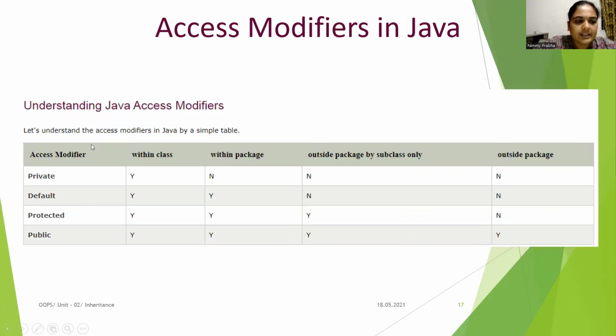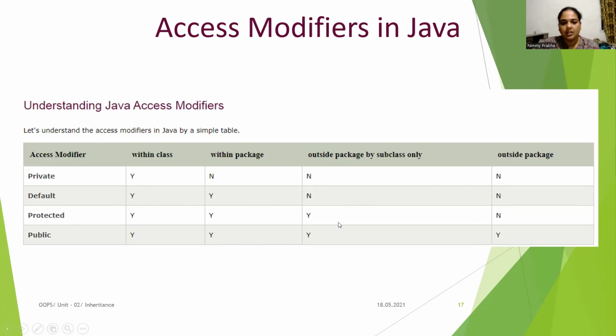With this table, we will know where we can use each one. If you are creating a private access modifier, we can access it within the class. Within the package, no. Outside the package, no. Default means within the class we can use it, within the package we can use it, outside the package we cannot use it.